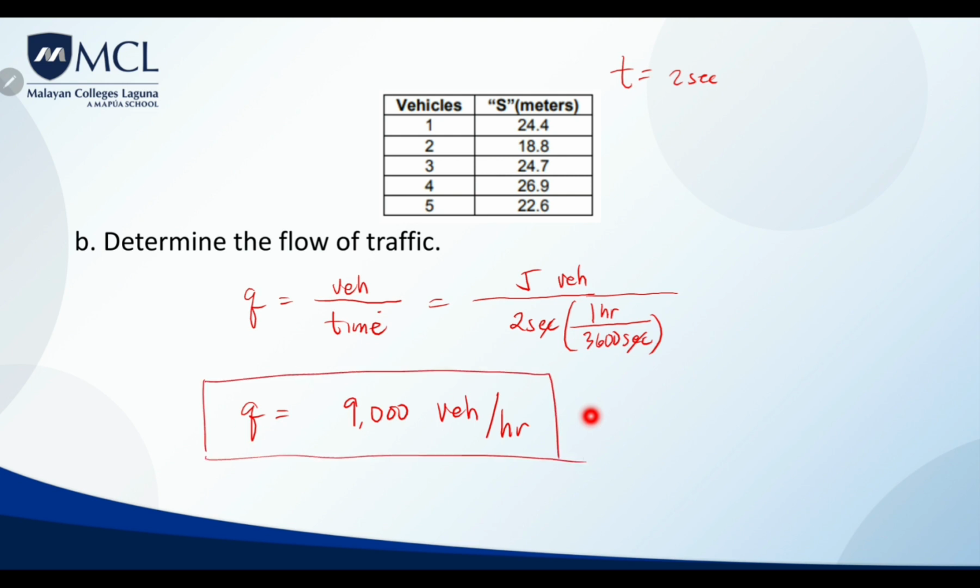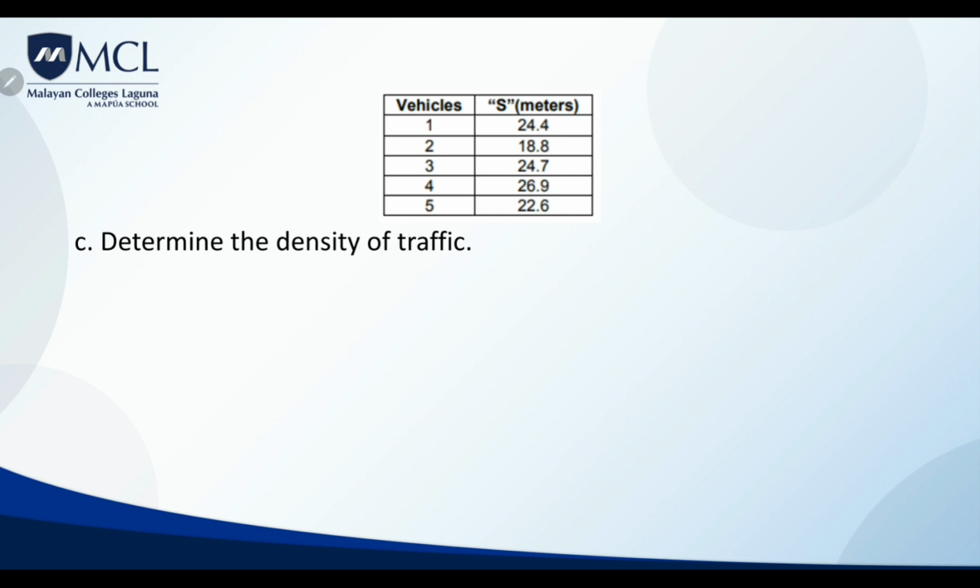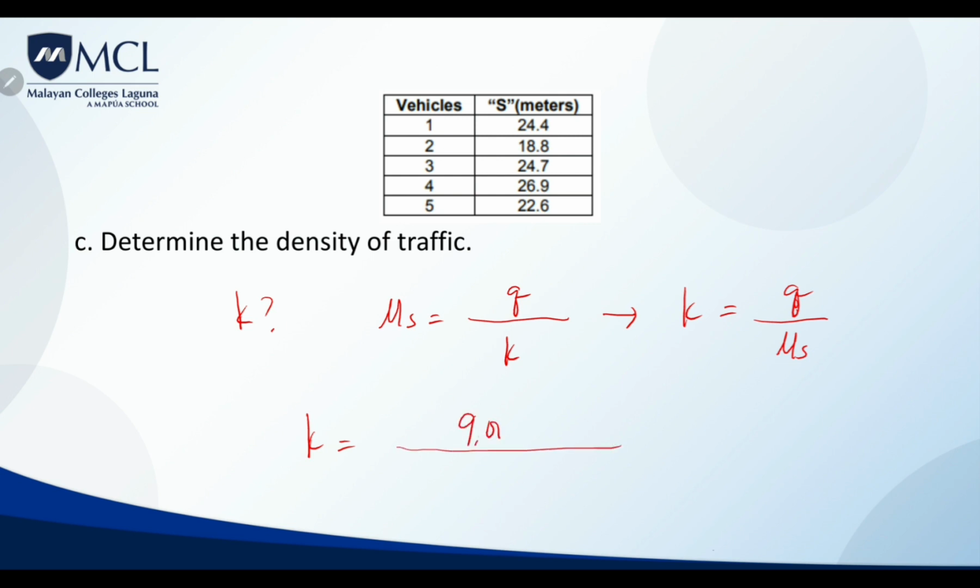Okay. Then the last item. So, determine the density of traffic. Using the formula, μs is equal to Q over K. We can solve for K by dividing Q by μs. So, what is the value of Q? We have 9,000, right?